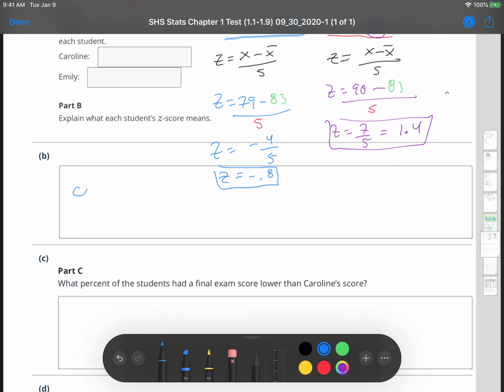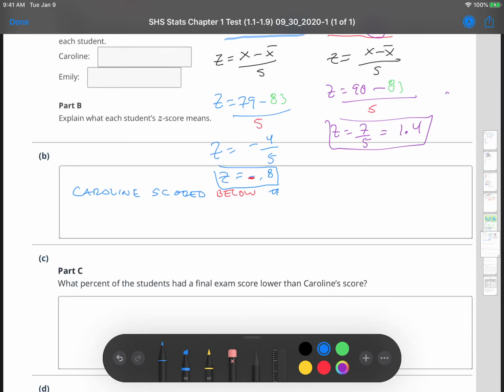Caroline scored below the class average because of that minus sign.